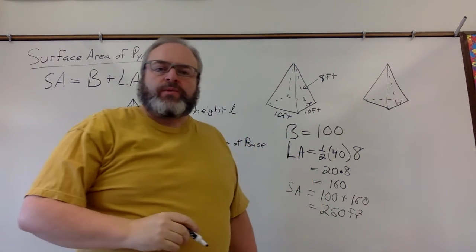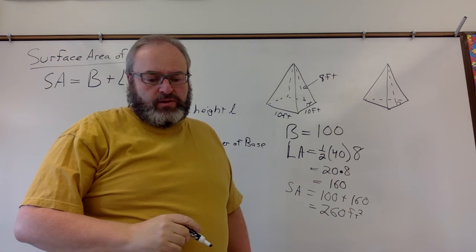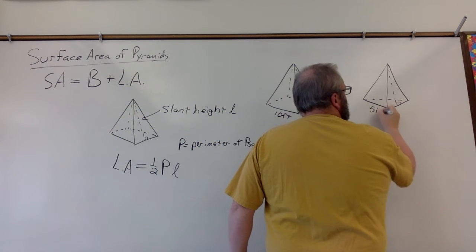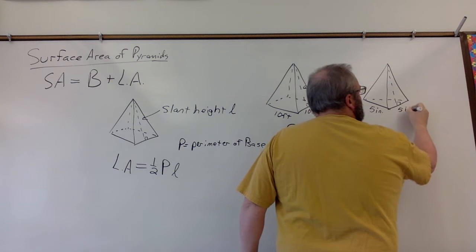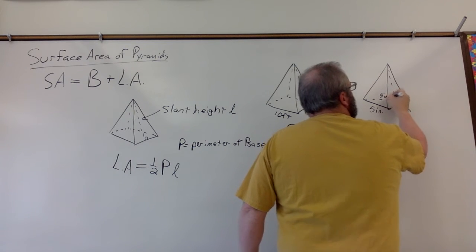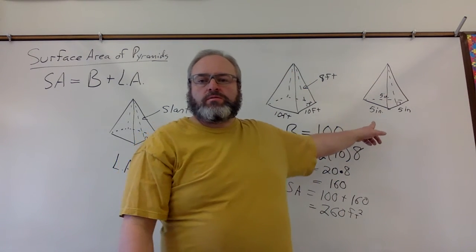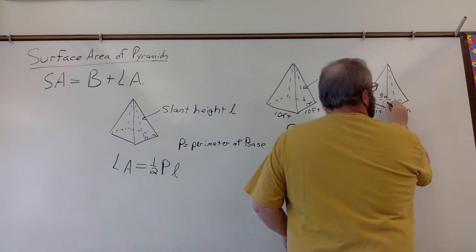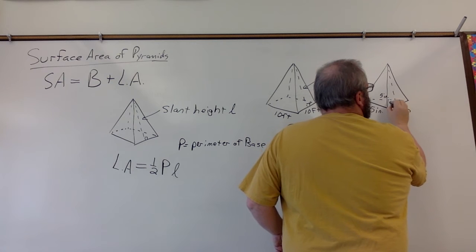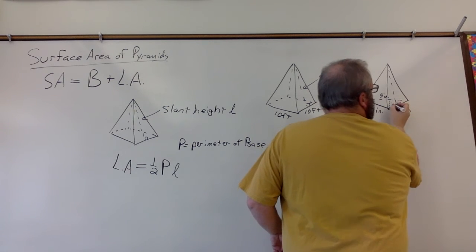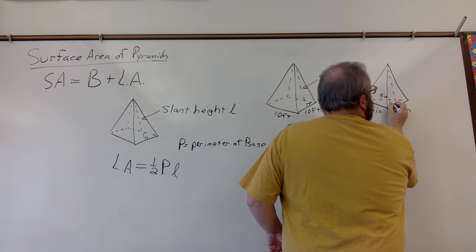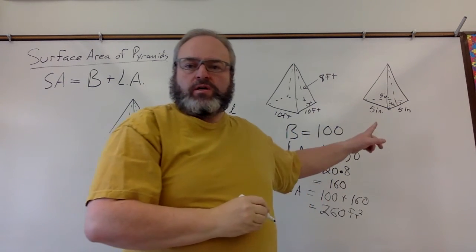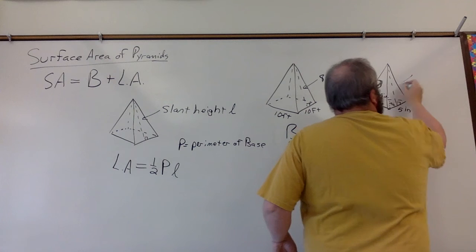Okay, so let's say that on this example, the triangle is 5 inches by 5 inches by 5 inches. Okay, we also need to know the height of that triangle, and let's say that was 4 inches.